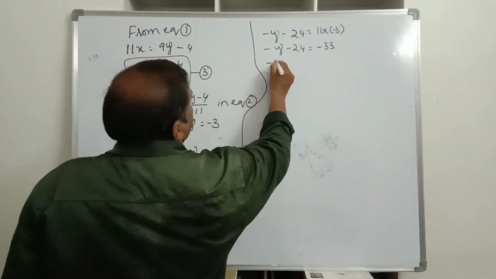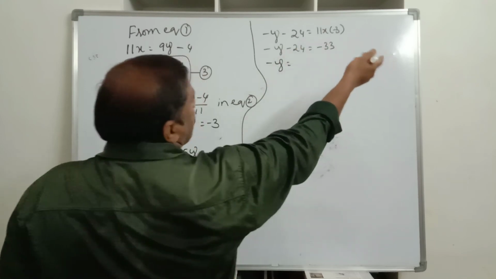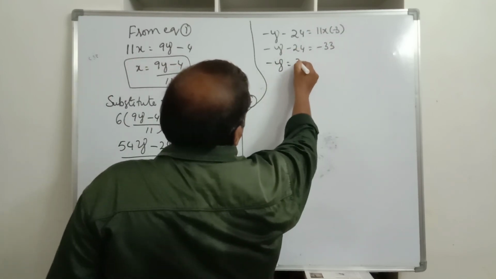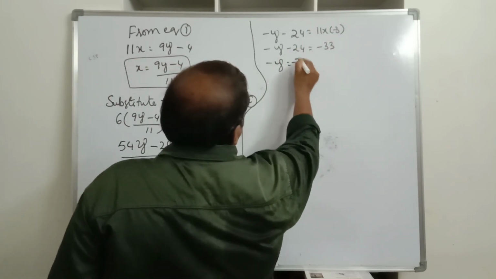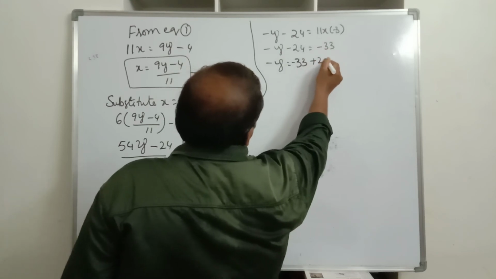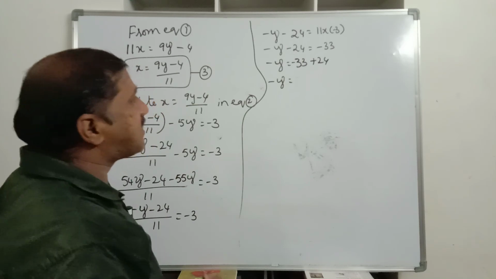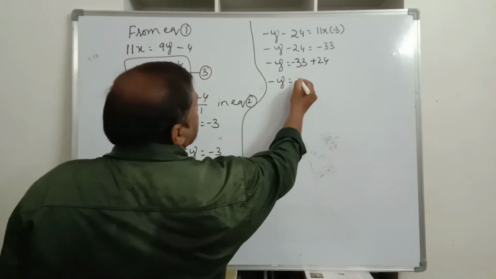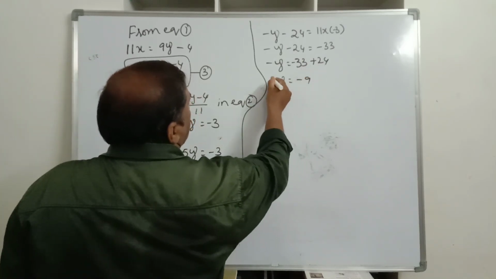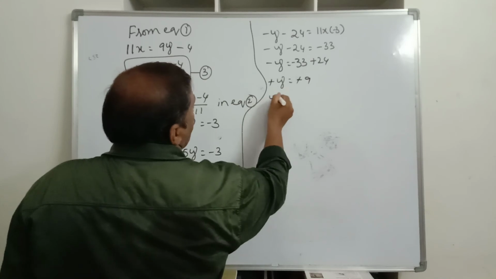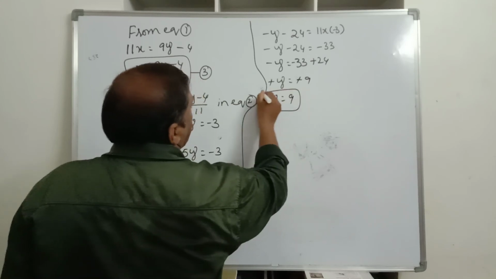Now minus y is equal to, transposing minus 24 to the RHS, minus 33 plus 24, which is minus 9. Now minus and minus are cancelled, y is equal to 9 we got.